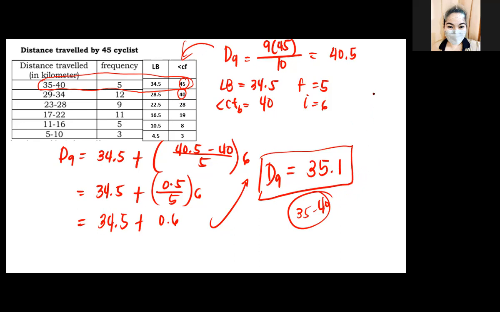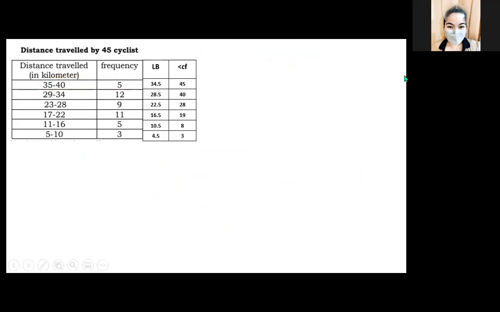Ganito rin po yung way how to get the percentile. Ganito na ganito rin po. So let's say P sub 72. So ano yung magiging P sub 72 natin?